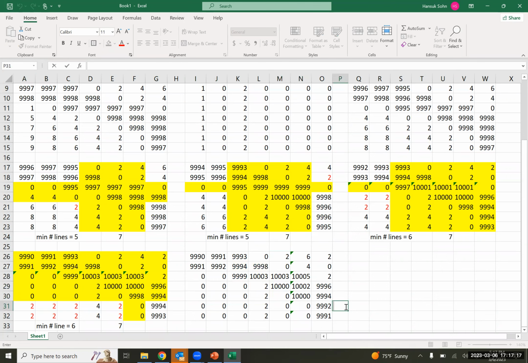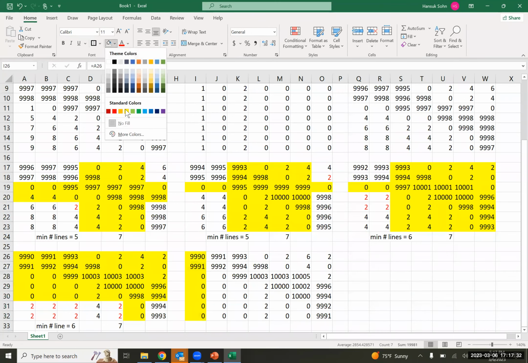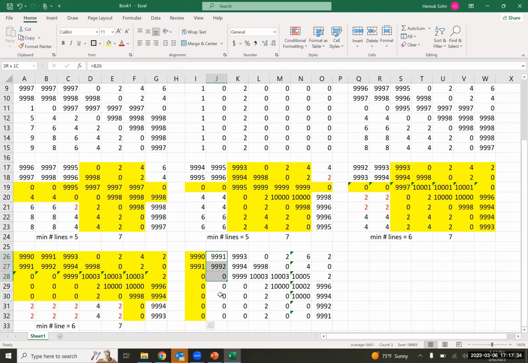Okay, now again, we need to identify the minimum number of lines required to cover every zero in this matrix. So I'm going to draw 1. And the second line. And third one.